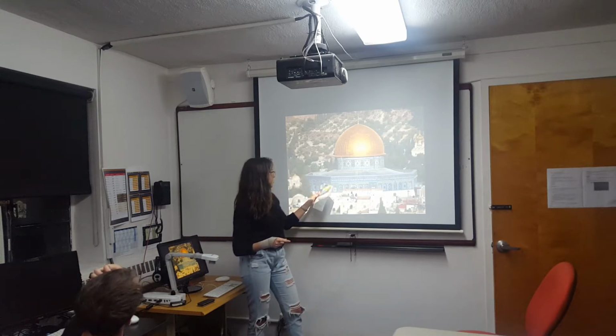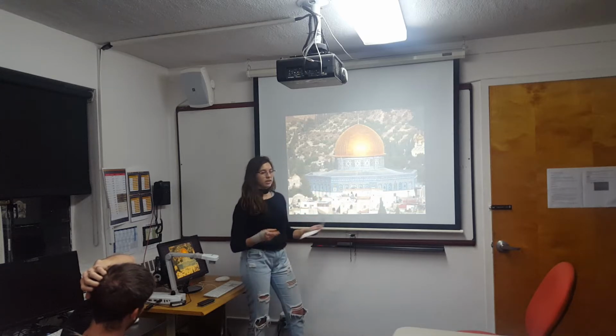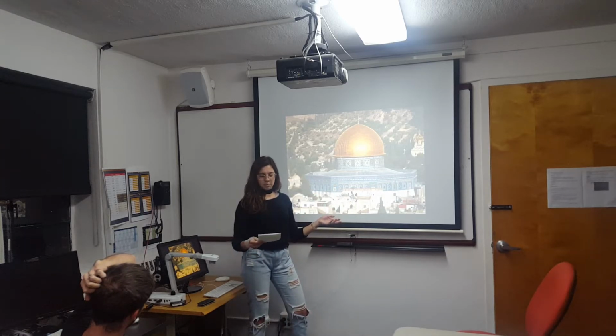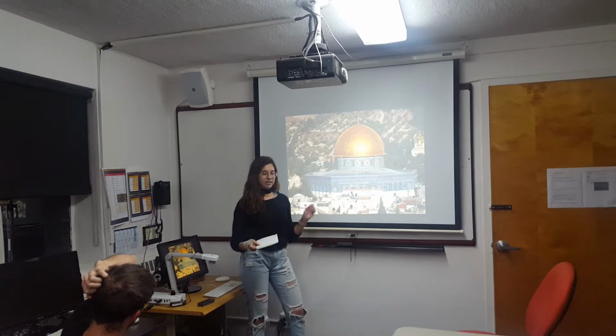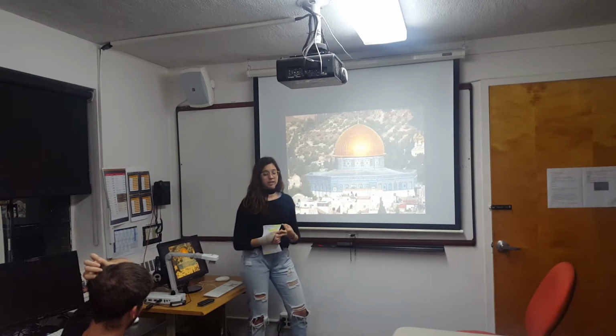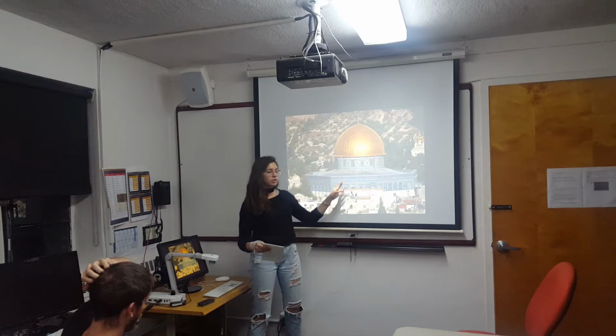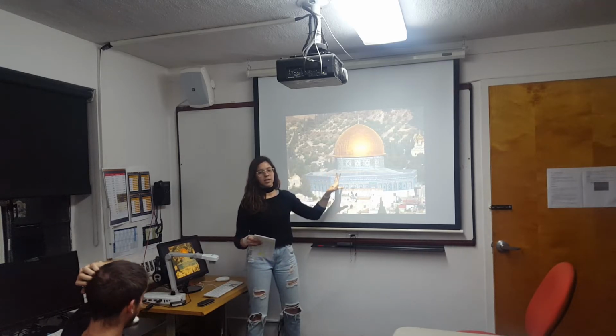So the outside material of this dome, this dome was actually made in 691 CE, but it was damaged, destroyed, and rebuilt several times. So whenever they rebuilt it, they added some other things.